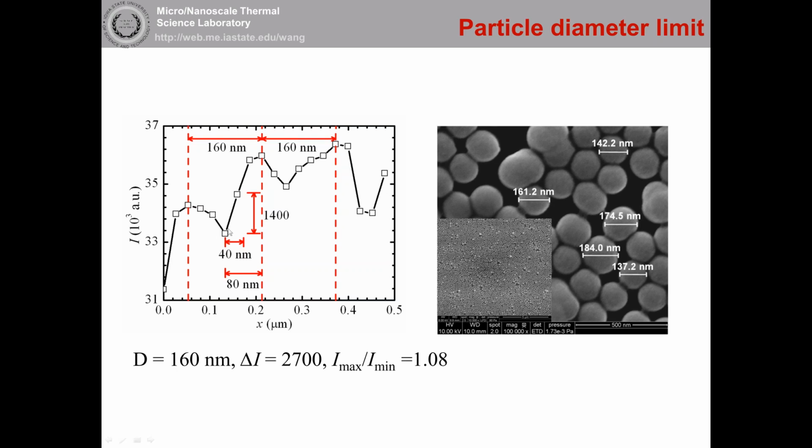We scanned, and you can see the intensity still tells you the particle size is 160. So basically, using Raman spectroscopy, you can really go beyond the diffraction limit to study surface feature size. It's a very tiny one. It's not only for temperature. You can study the surface feature size.